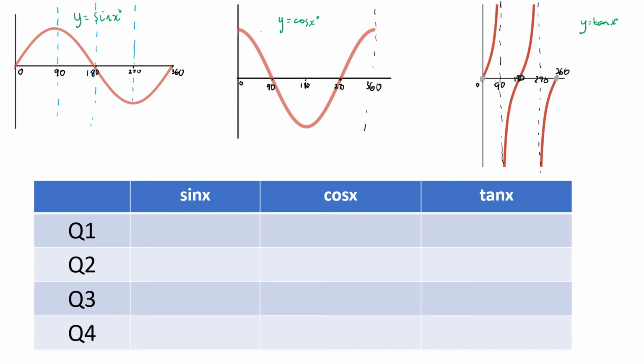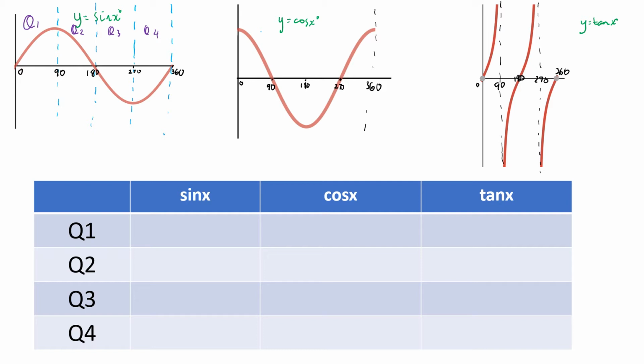So in this first quadrant here, we're going to call that quadrant 1. In between 90 and 180, we'll call this quadrant 2, then quadrant 3, and quadrant 4.